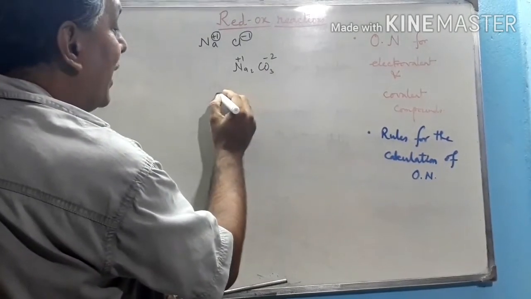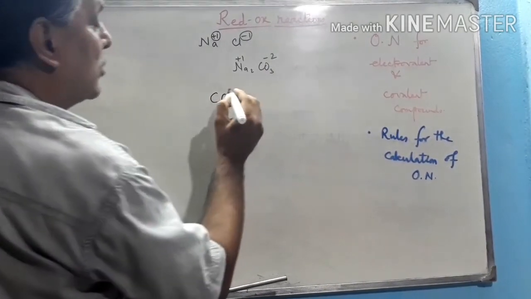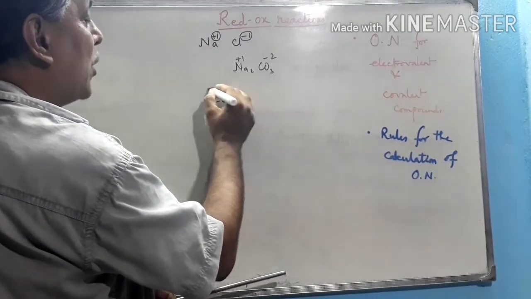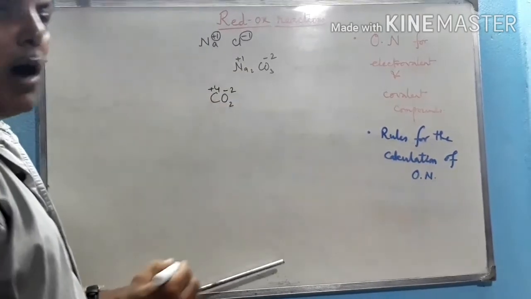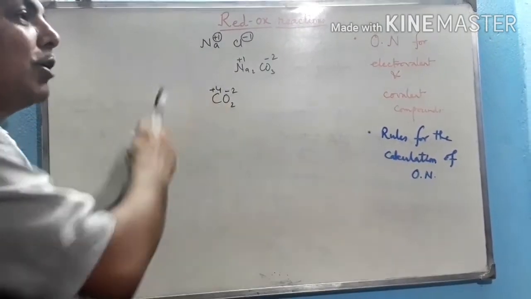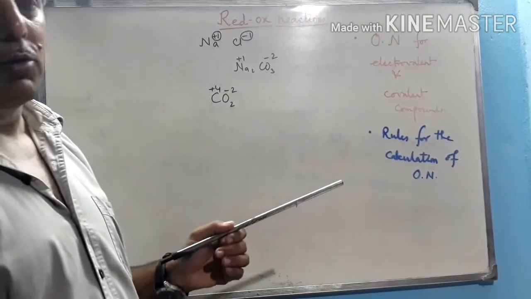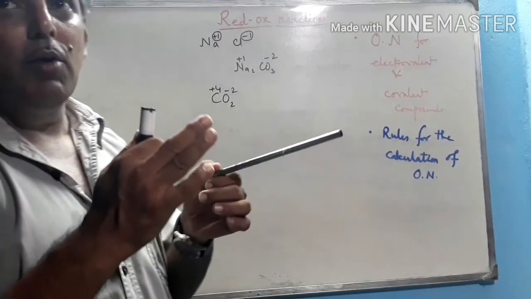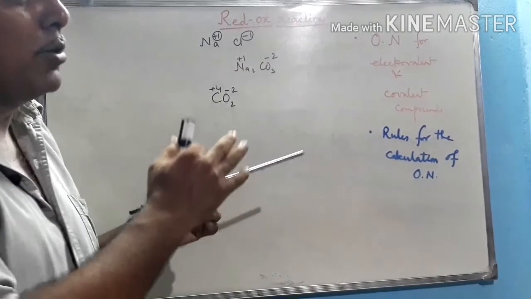But in case of a covalent compound, suppose carbon dioxide, we know that the oxidation number of oxygen is -2 and that of carbon is +4. But how is that possible? Because we know that no complete electron transfer takes place in a covalent compound. Here sharing of a pair of electrons takes place, but shifting of electrons also occurs in case of a polar bond.